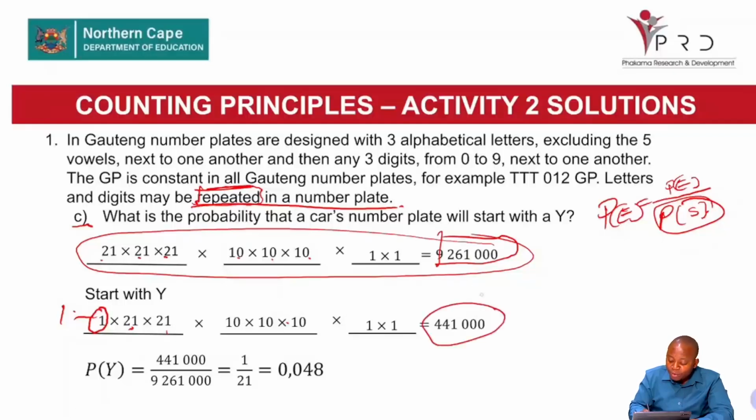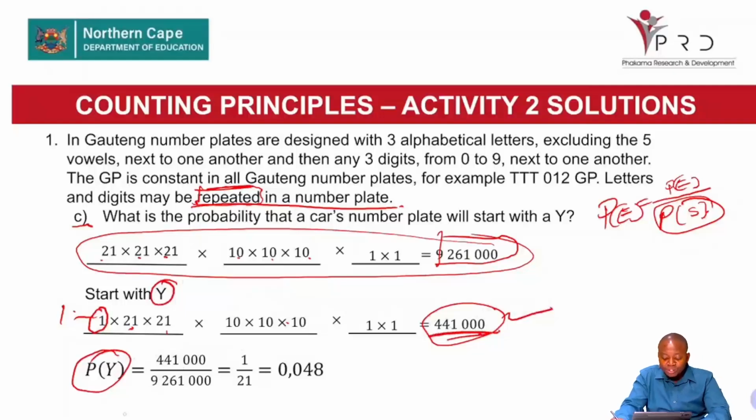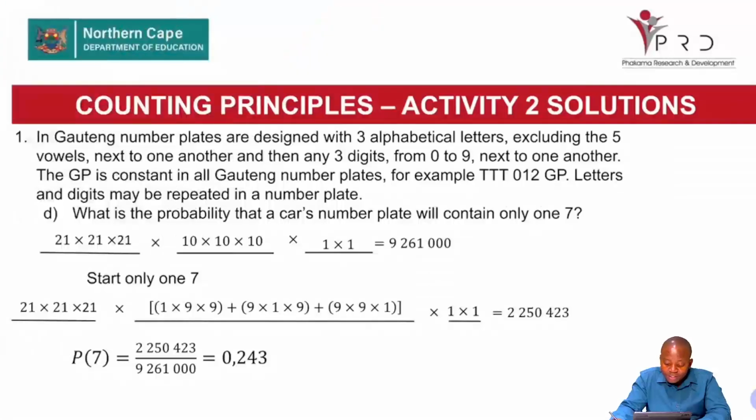Then we have 441,000. Then we can say the probability of Y occurring: the special condition of starting with Y is 441,000 over our total of 9,261,000, which is 1 over 21, which is 0.048.